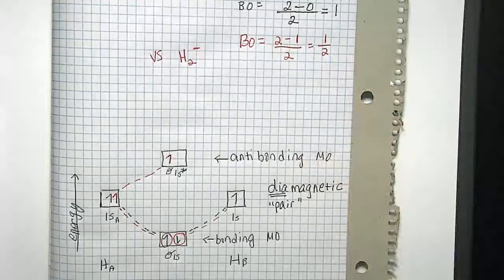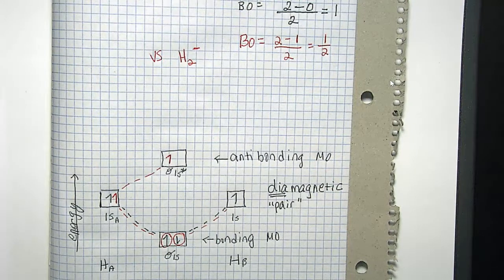Now, bond orders, generally speaking, tell you how many bonds are present. So a bond order of 1 is a single bond, a bond order of 2, double bond, bond order of 3, triple bond. The higher the bond order, the more stable the bond is.